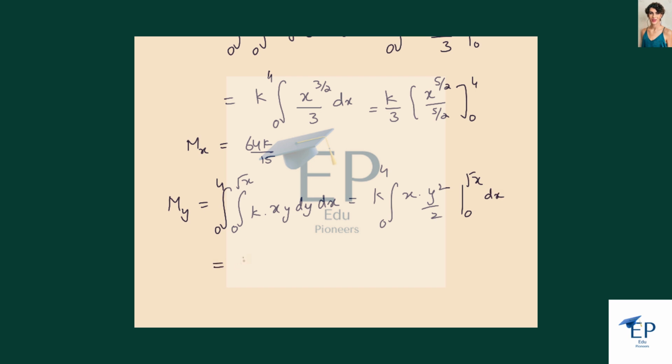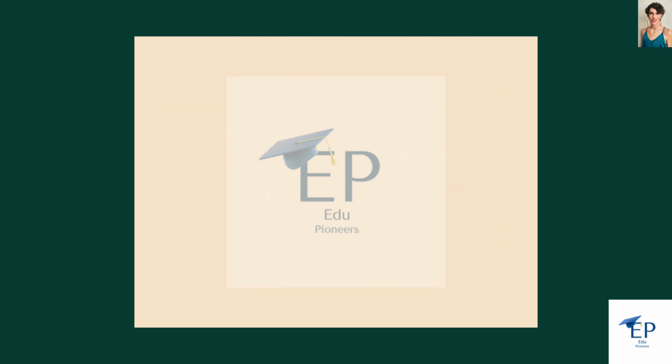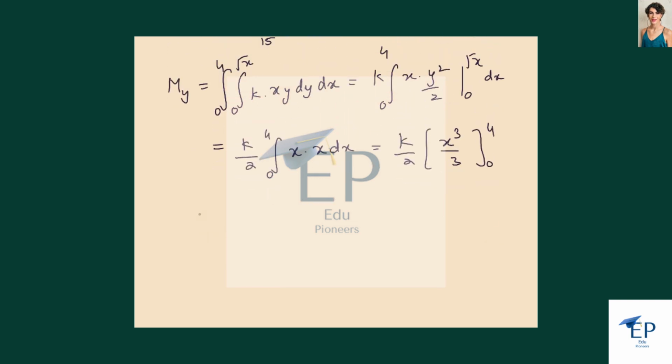This equals k by 2, integration from 0 to 4, of x times, substituting y as root x whole squared, x only, dx. This equals k by 2 times x squared, that will be x raised to power 3 by 3, limits from 0 to 4. Substituting the limits and solving further, we get My equal to 32k by 3.